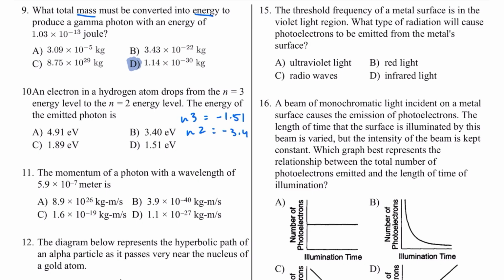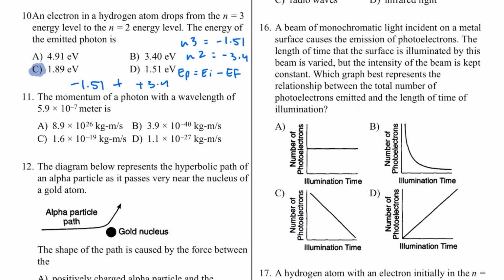And so to solve for this change, we're just going to do E photon equals E initial minus E final. So it drops from 3 to 2, so negative 1.51 minus negative 3.4. Solve this, you're going to get 1.89 eV.